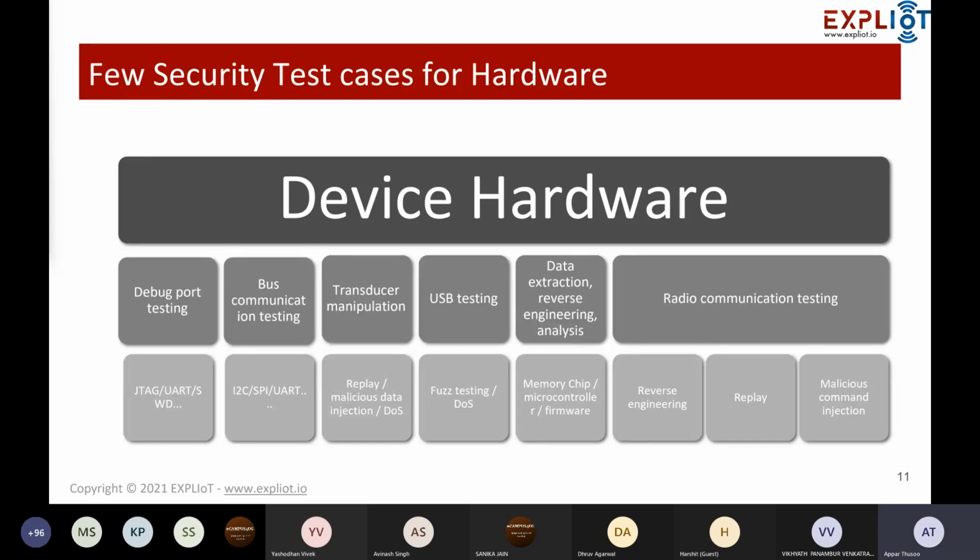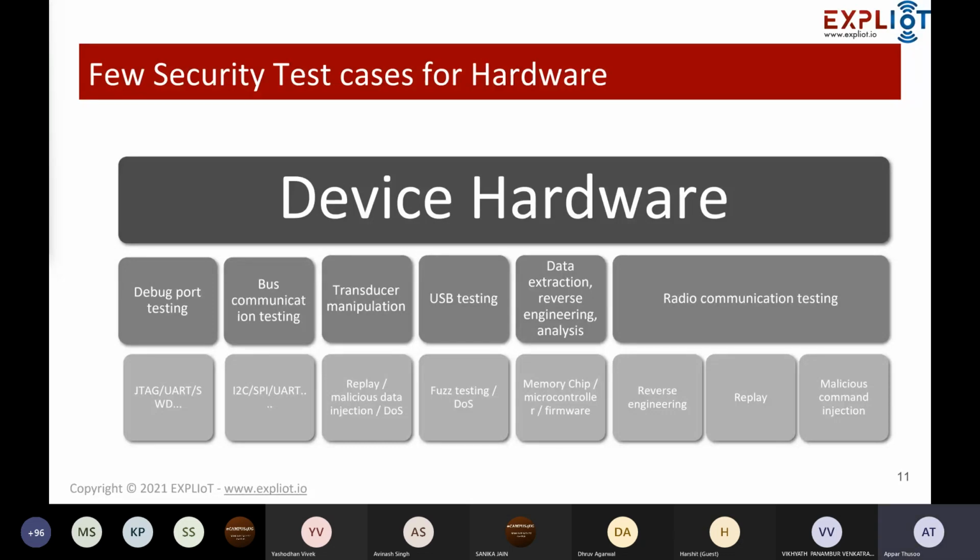Then USB testing: if there is any kind of micro USB or USB A available on a device, we first go about testing the USB driver. You connect it to a system and test whether the driver responsible for handling the USB data can undergo stress tests. Some stress tests can even lead to denial of service on the device.